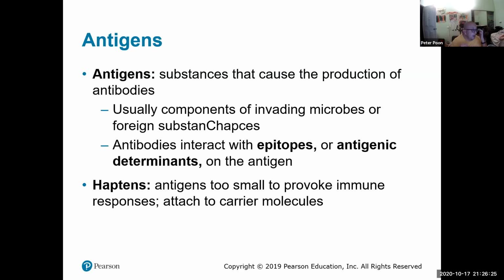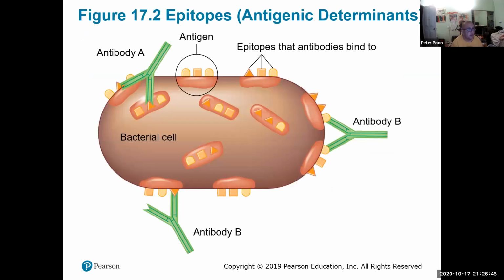Haptens are used when the antigens themselves are too small to provoke an immune response. And we purposely attach them to carriers, and then they generate immune responses because the antigen has to be a certain size to actually generate an immune response.